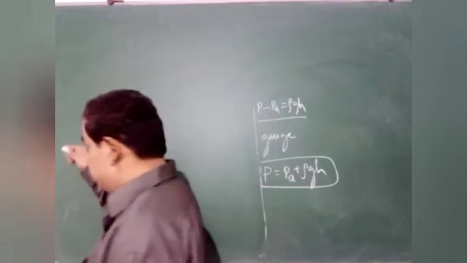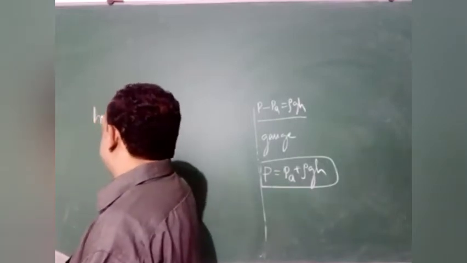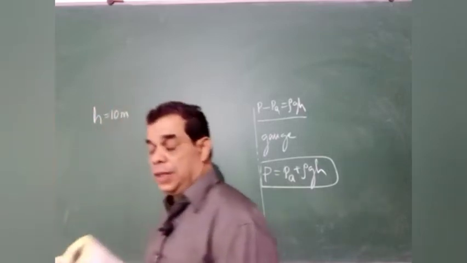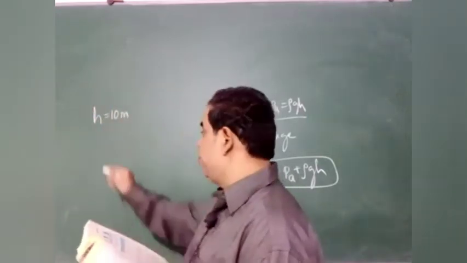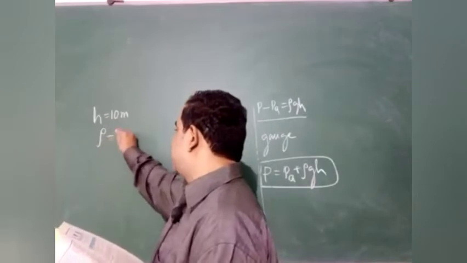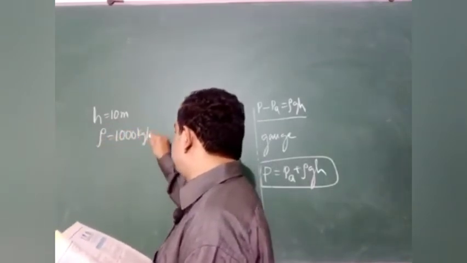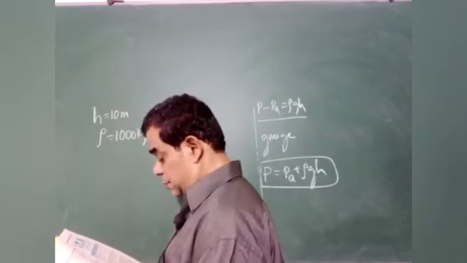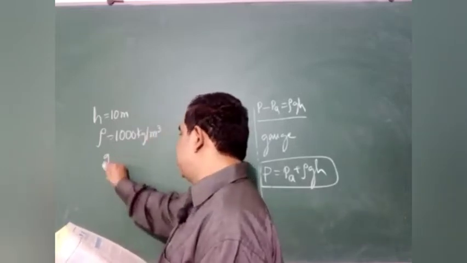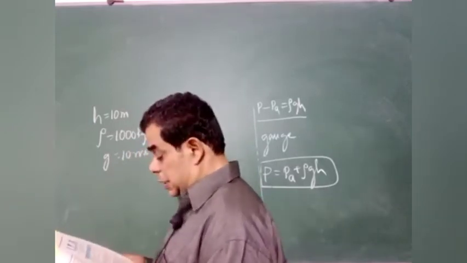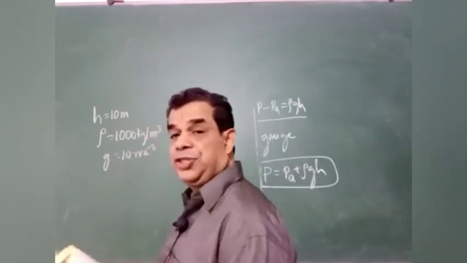What are the things given? 10 meters, that is the height, or depth in fact. And density of the sea water or water you can take 1000 kg per meter cube. g we can take 10 for the sake of simplicity.